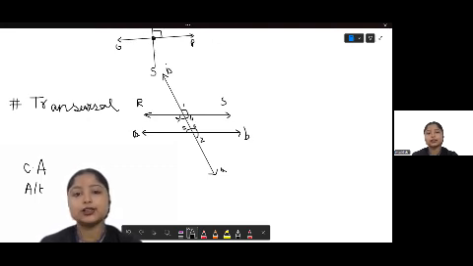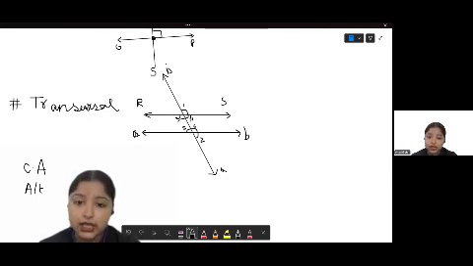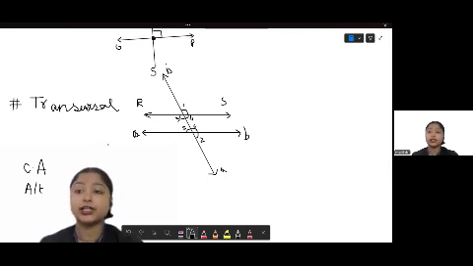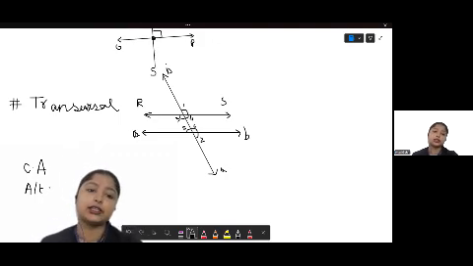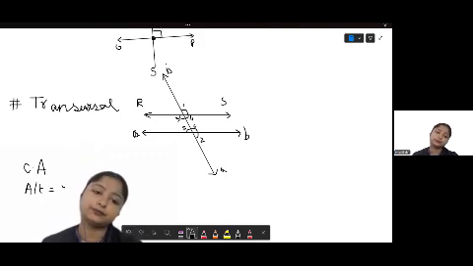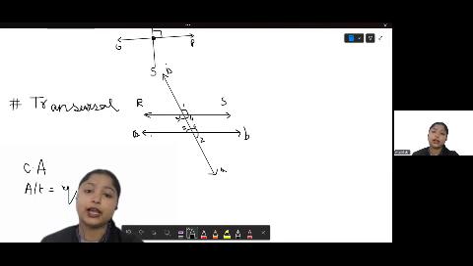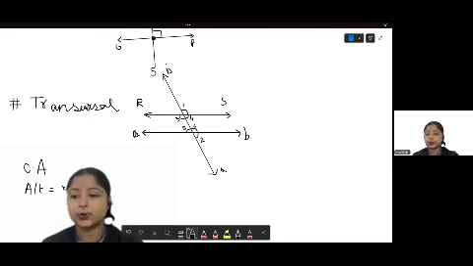So angle 3 and angle 6 will be equal. Alternate interior angles are always equal. Angle 3 is equal to angle 6. Angle 4 is equal to angle 5. They are alternate interior angles.